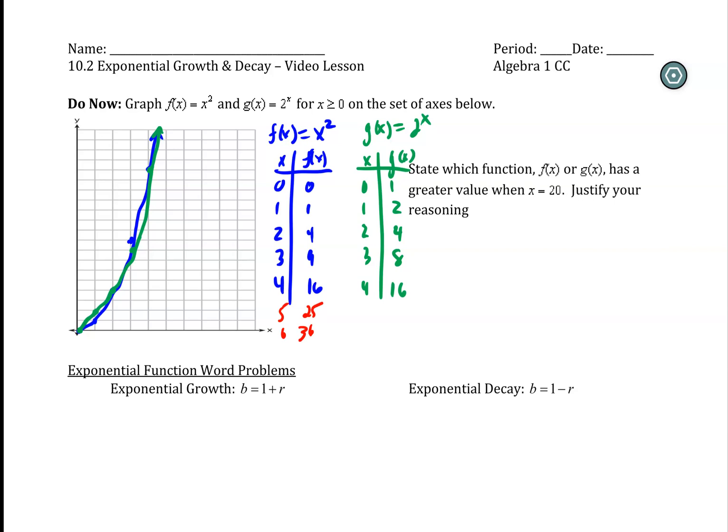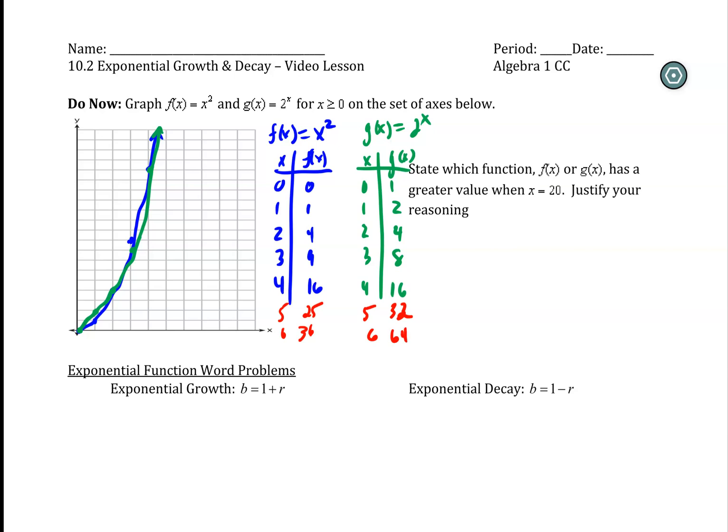If I do it over here, the growth rate is growing more rapidly. If I was to plug 5 in here, that's 2 raised to the 5th. That's 2 times itself 5 times, so that's going to be 32. And if I did 2 to the 6th, that's going to be even larger.